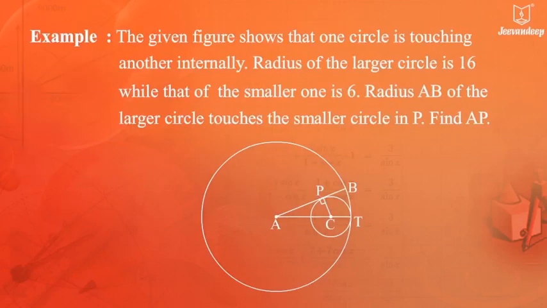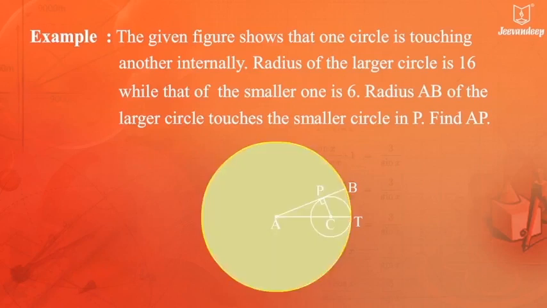Example: the given figure shows that one circle is touching another internally. Radius of the larger circle is 16, while that of the smaller one is 6. Radius AB of the larger circle touches the smaller circle at P. Find AP.